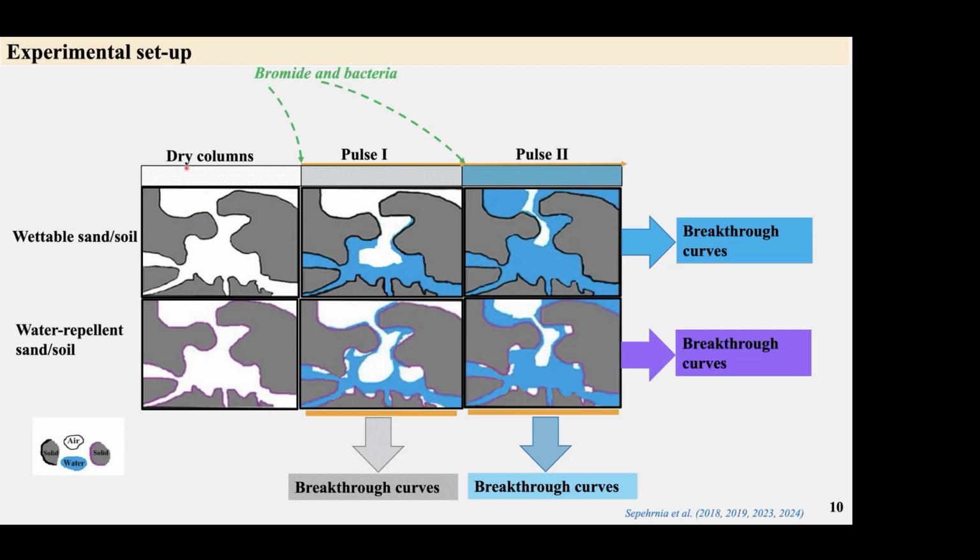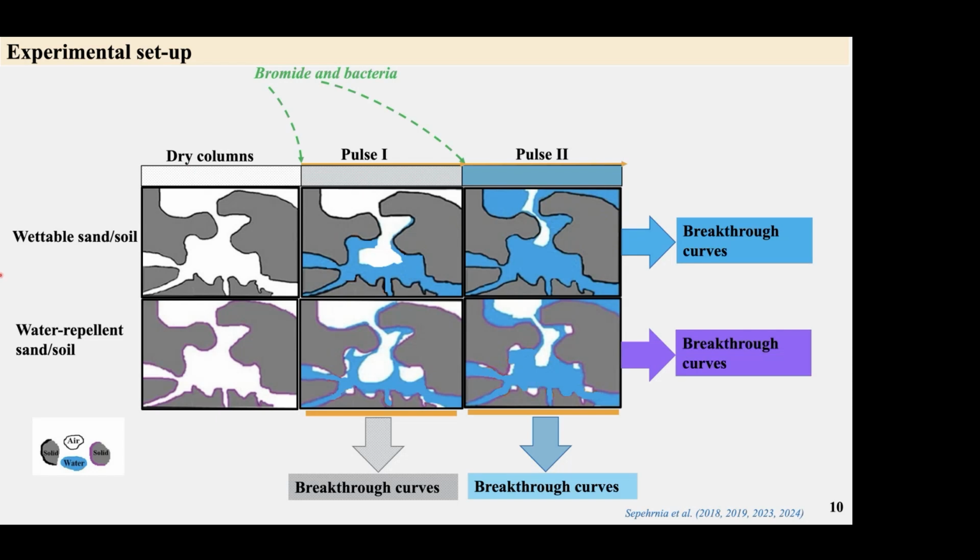So I thought that when soil columns are dry, and we impose one pulse of bacteria or tracers, and then we leach for a certain time, and then add another subsequent pulse of bacteria or bromide with the same concentration, we are able to recognize and differentiate the mechanisms for the whole system, including pulse 1 and pulse 2 together, so that we see the general behavior of the soil, and also we are able to model or recognize each pulse separately.